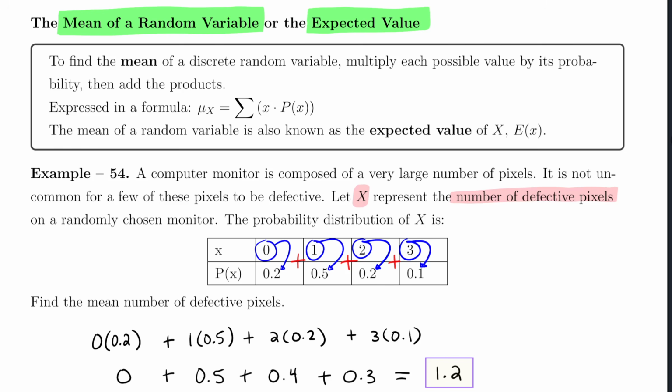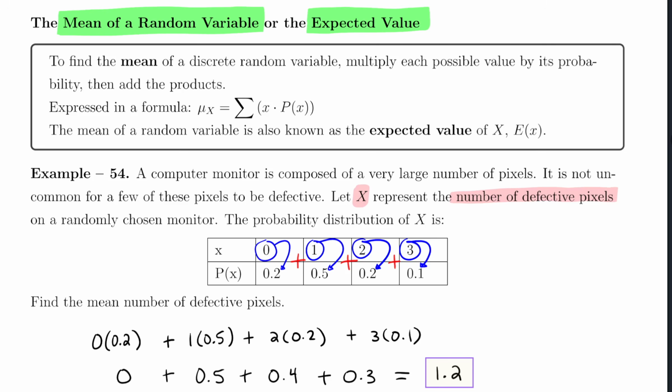Next, we said for a random variable, if we're either given a probability distribution or if we find it first, we could then find the mean of the random variable, also known as the expected value, following the pattern that you take the x value times its corresponding probability plus the next x value times its corresponding probability, and you just continue that process throughout the table.